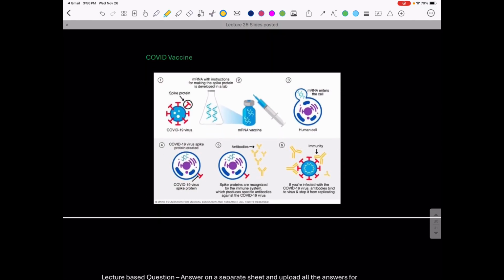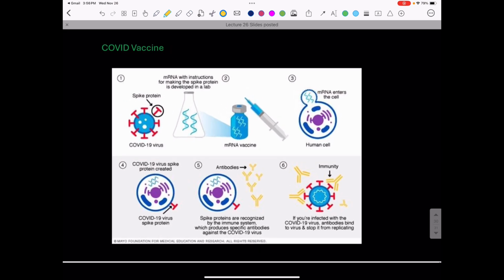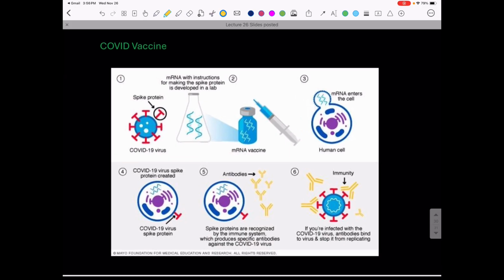So the COVID vaccine is what we are normally used to. The way the COVID vaccine has been developed is that the spike protein is used as an antigen.